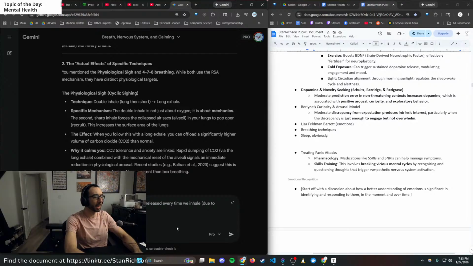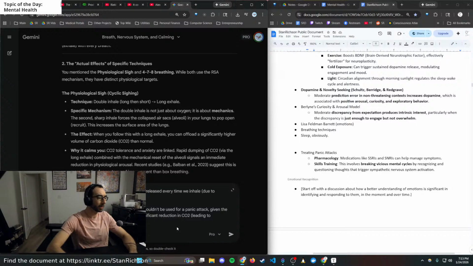For the physiological sigh, I'm guessing that this shouldn't be used for a panic attack, given the concerns that hyperventilating might lead to a significant reduction in CO2, leading to techniques such as breathing in a paper bag, as Dr. K just pointed out.